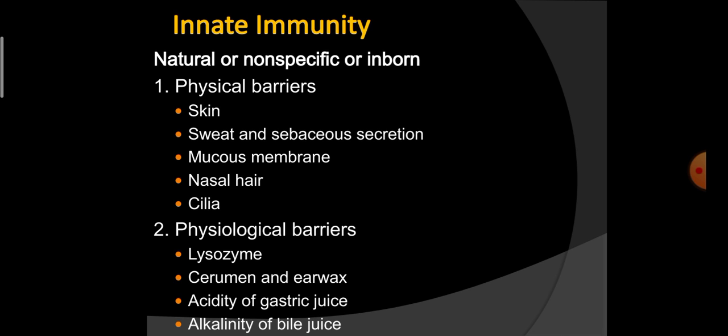Then we have acidity of gastric juice. Acidity of gastric juice is basically the acid that is produced in the stomach. Okay, that acidic condition kills the microorganisms that reach the stomach. Then we have alkalinity of bile juice. So the alkaline nature of the bile prevents the growth of any microorganisms in the intestine, mainly the duodenum.